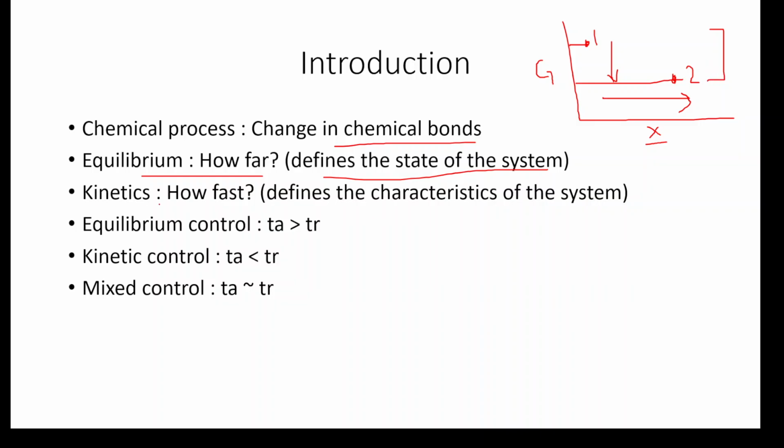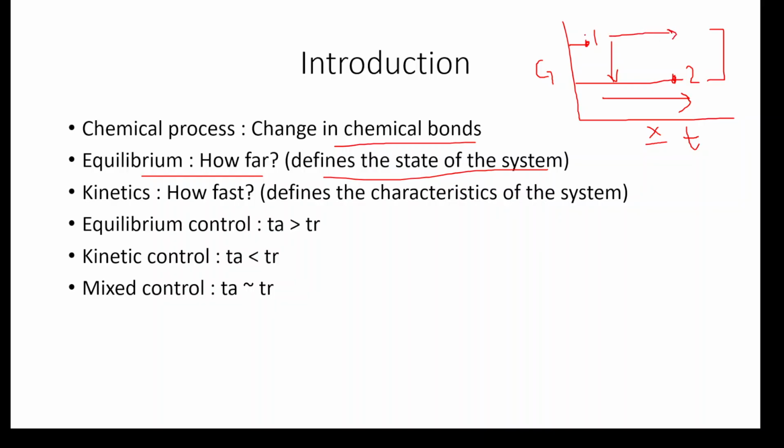And kinetics is how fast the reaction is going. If on the x-axis we take time, it can define how fast the reaction has gone, that is, from point 1 to point 2, how much time it has taken.